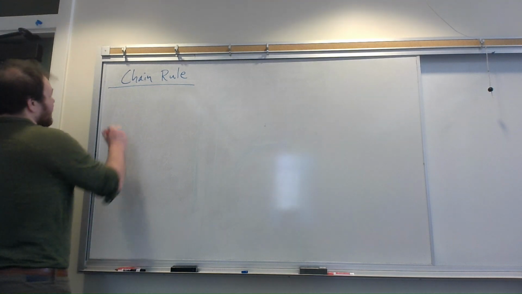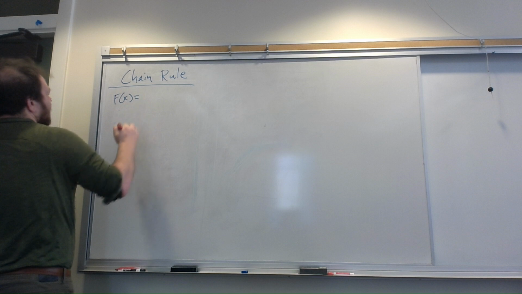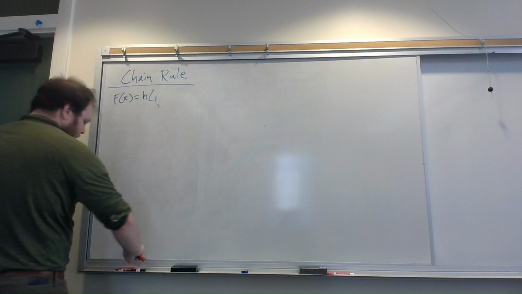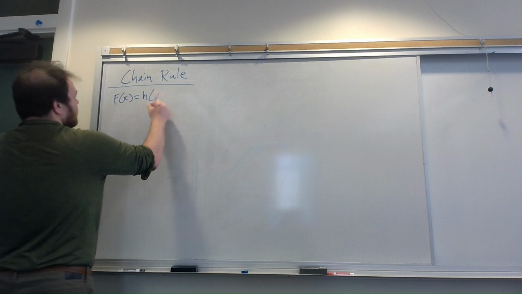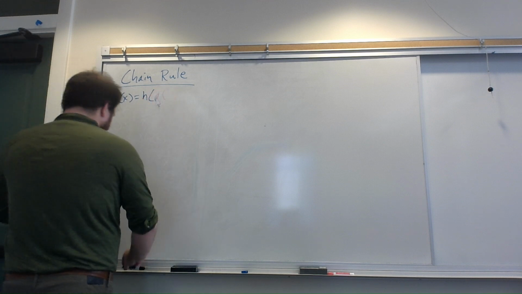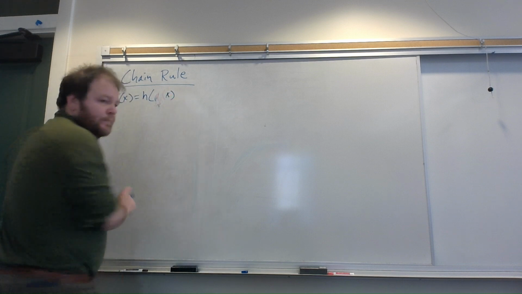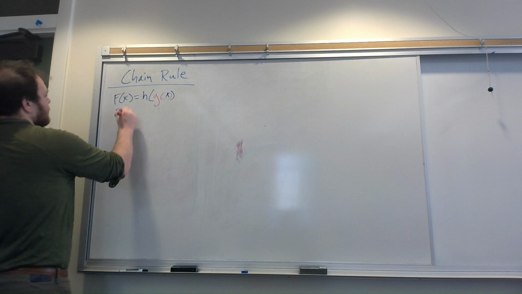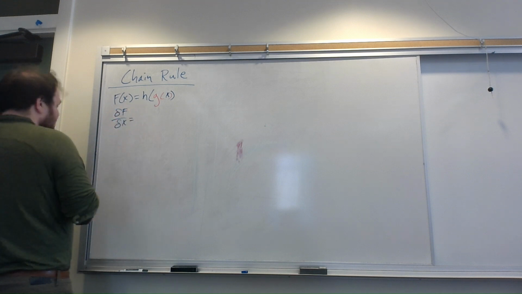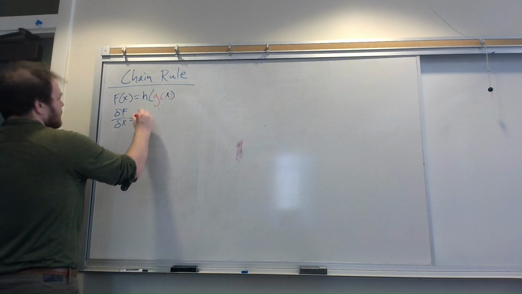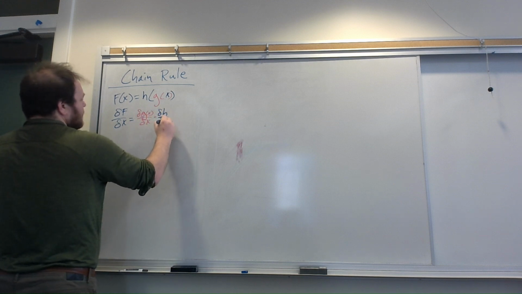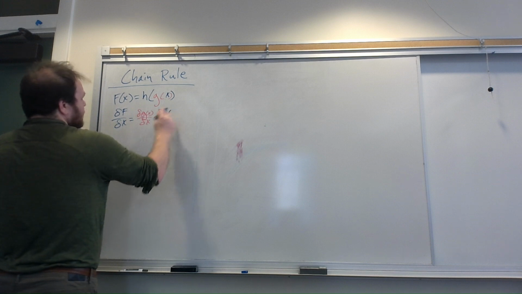So the general rule here is, if I have something like f of x equals two functions, let's say h of g of x, my derivative is going to be the derivative of g with respect to x times the derivative of h with respect to x evaluated at g of x.